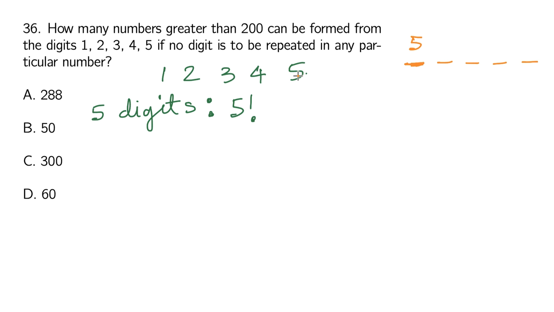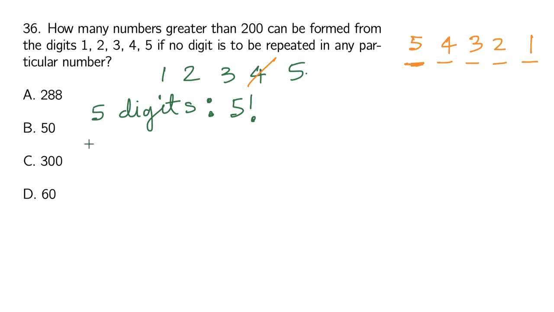So that reduces the number of options you have. So let's say you filled this slot with the number 4. So 4 is now out. And you have 1, 2, 3, and 5. So the next slot, you have only 4 options for that. And then for the next slot, you have 3 options. Next slot, 2 options. Next slot, 1 option. So that's 5 times 4 times 3 times 2 times 1, which is 5 factorial.